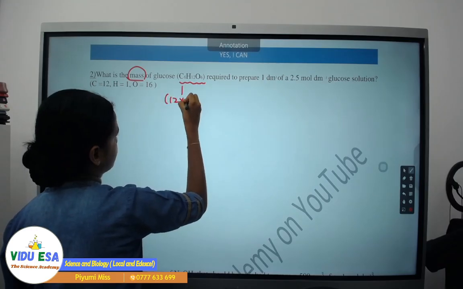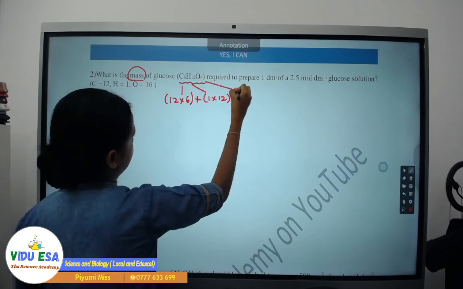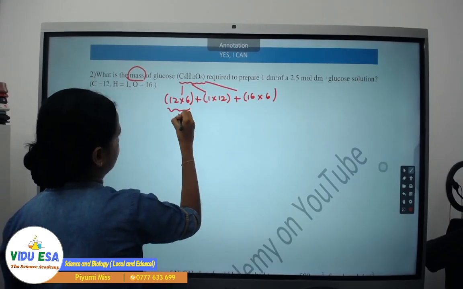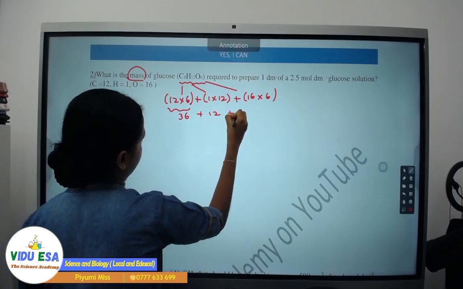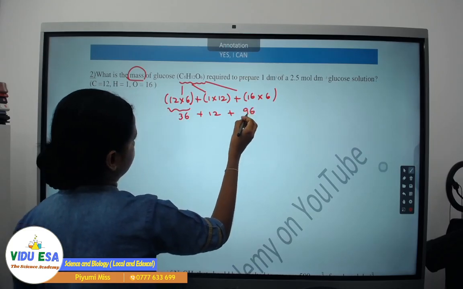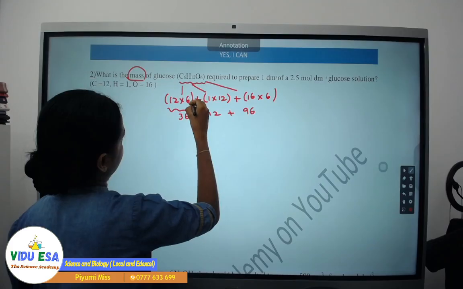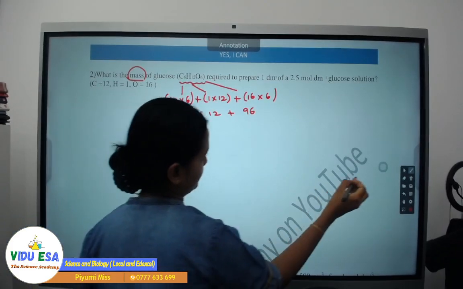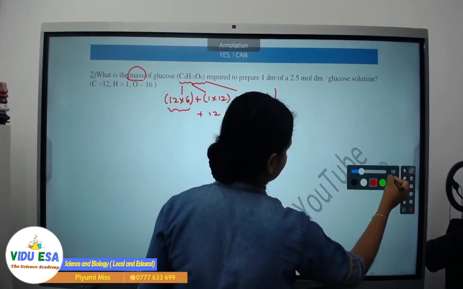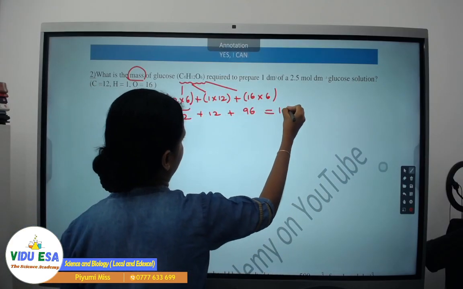Here 12 into 6, here 1 into 12, then 16 into 6. 12 into 6 is 72, plus 12, plus 96, altogether 180.